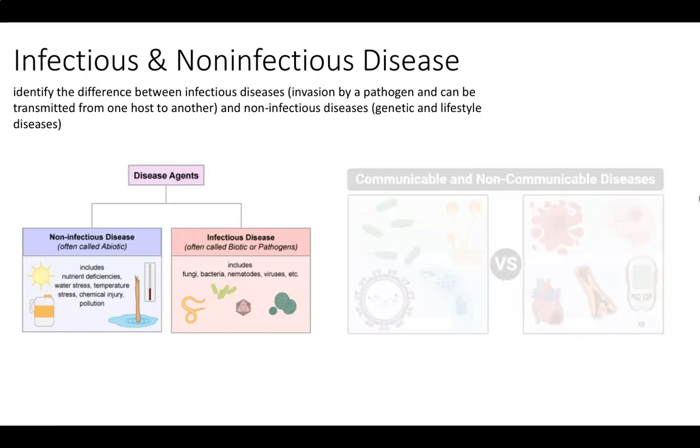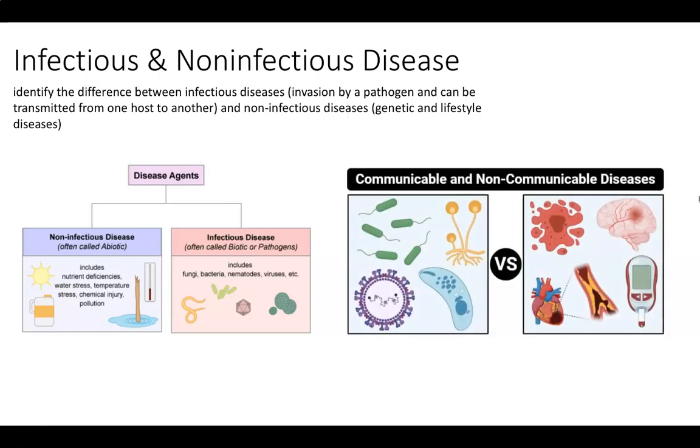Another way of saying it is by asking, are they communicable, or non-communicable? So infectious diseases are communicable. That means that they can be spread from person to person. Infectious diseases are, in other words, contagious, meaning that a person, even if they don't have an illness, they're not showing symptoms, can still be a carrier and expose other people to the disease.